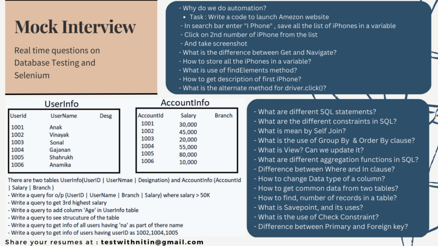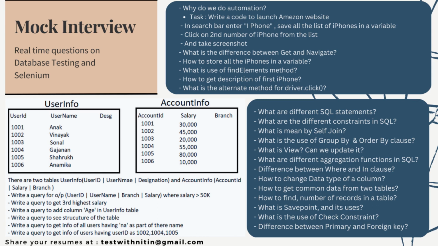What will be the query? So for that we use select star from user info where user ID in 1002, 1004, and 1005.